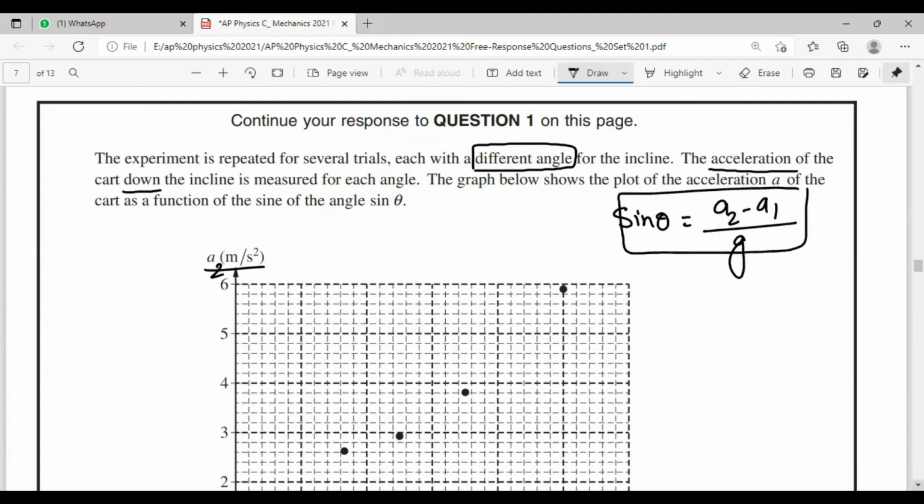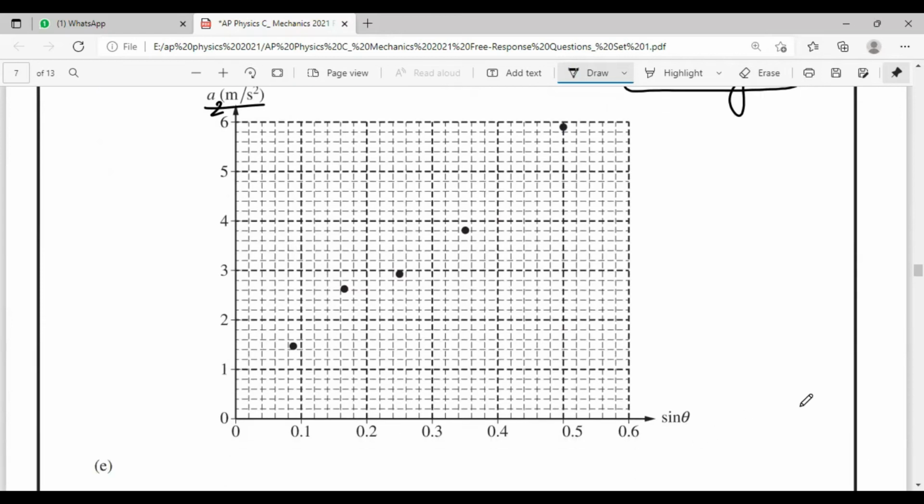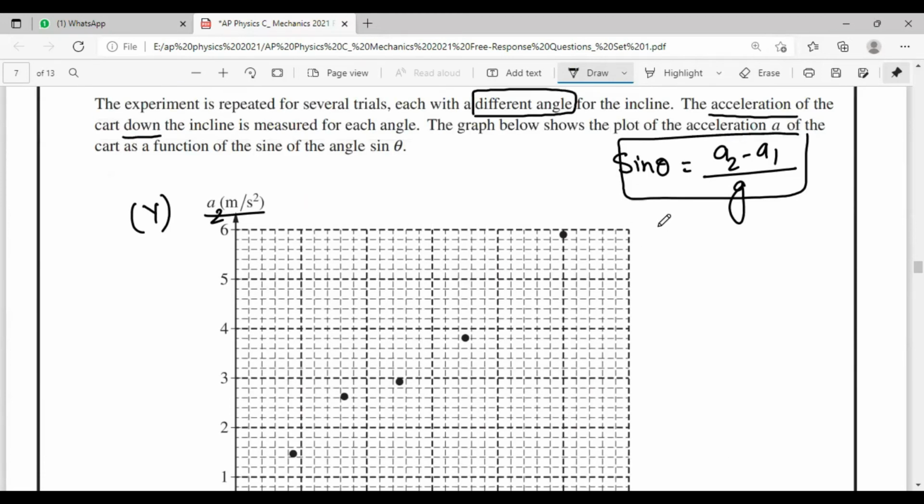We have derived this. So this is the graph of A2 and this is sine theta. Sine theta is basically your X variable and A2 is basically your Y variable. If you want to plot this graph from this expression, this is your X, this is your Y minus A1 upon G. So what will be the value of Y?